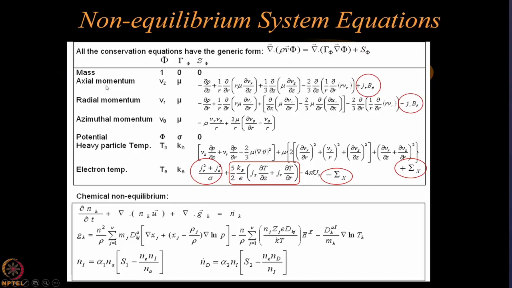So, whether it is mass conservation equation or axial momentum conservation equation or radial momentum conservation equation or the energy equation or the particle conservation equation, all of them are having a generic form of this type. Only thing is that this phi, gamma phi, S phi, these quantities just vary.